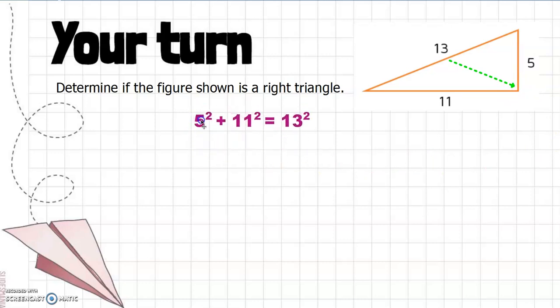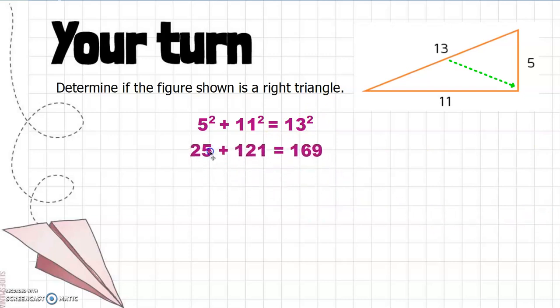So if that was my right angle, that means that 5 squared plus 11 squared should be equal to 13 squared. So when I square my numbers, 25 plus 121, I'm trying to find out, does that equal 169?